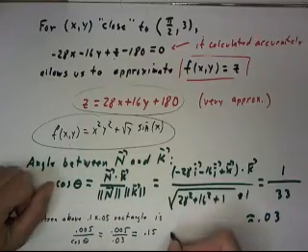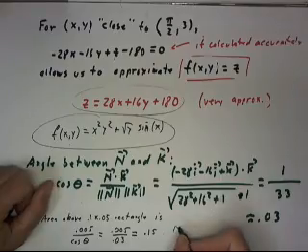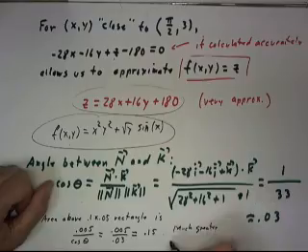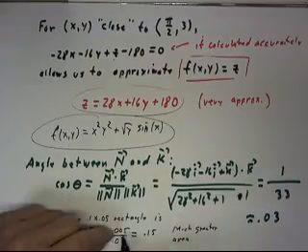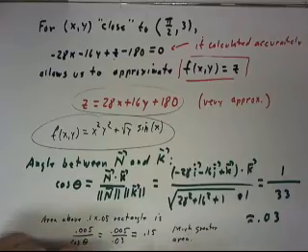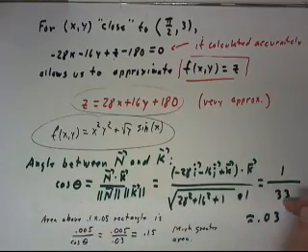Much greater area. About 30 times as great, because the reciprocal of 0.03 is about 30. Actually, the reciprocal would be 33, so it would be about 33 times the area of that rectangle.